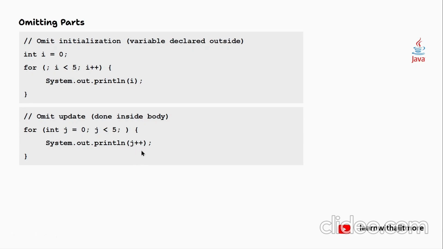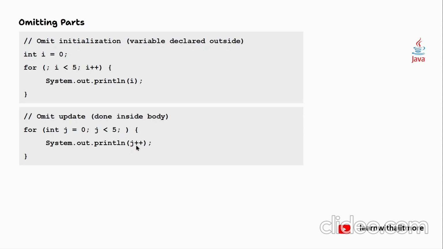It is post increment, na guys? So it is going to return the old value and then increment. So it will print 0 and make it 1 and directly come for condition testing क्योंकि ये part omit किया है. तो j 1 बन गया, ठीक है? And ये part omitted है तो directly come for condition testing.